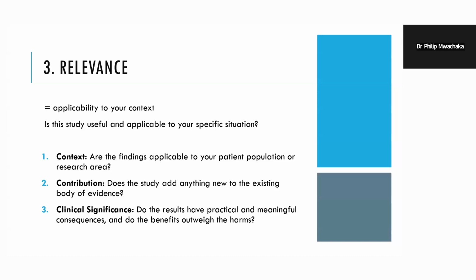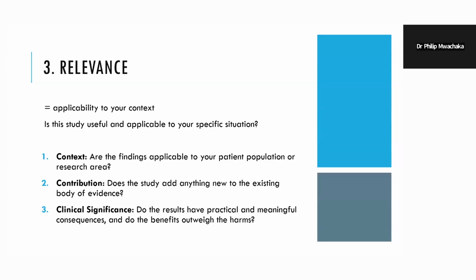So the three areas that you need to look at is the context, and we've already discussed that, whether the findings are applicable to your patient population or research. And then contribution: does the study add anything new to the existing body of evidence? We see this a lot when we submit manuscripts for review to journals.